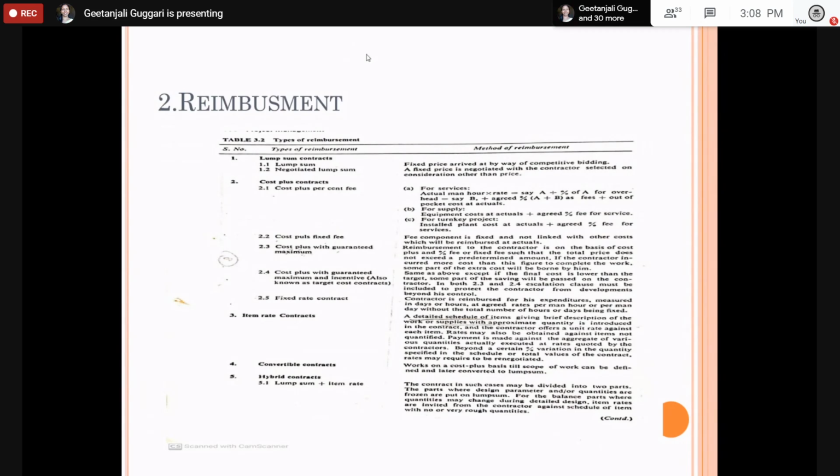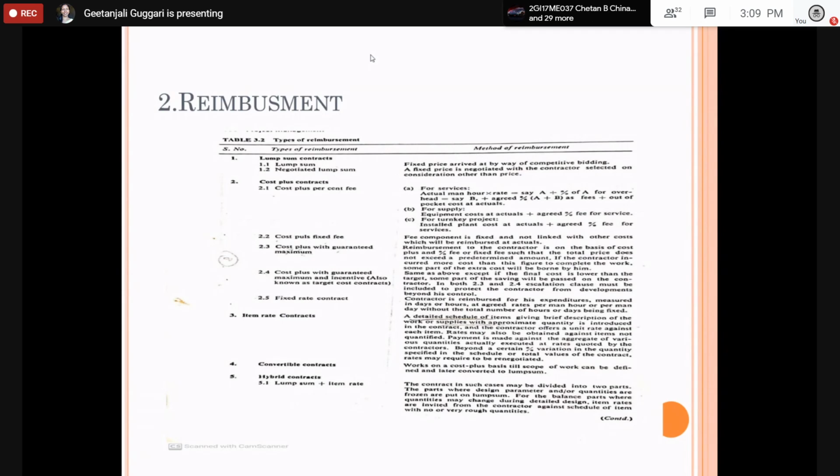A detailed schedule of items giving a brief description of the work or the supplies with an approximate quantity is introduced. That is based on the number of items they are supplying. Based on that, you will be reimbursing the amount to the contractors based on unit rate or item rate.